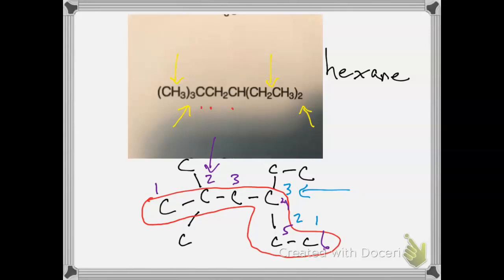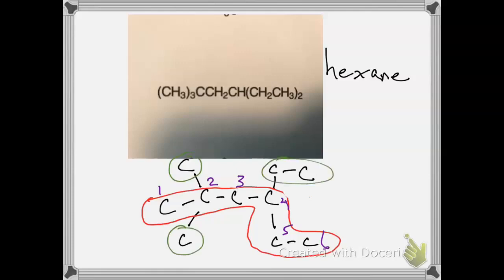So let me clean this up a little bit. What I have here are 2 methyl groups that I've circled, and a single ethyl group that I've circled. So this is an ethyl, and these both are methyls.